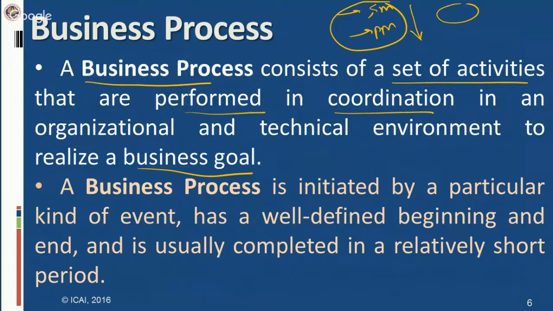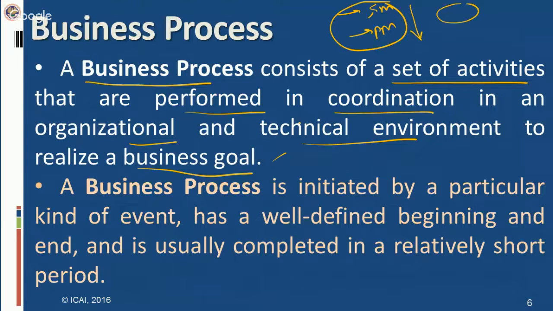So herein also, when we talk about any particular enterprise or any business organization, we say that a process has to have a set of activities which are performed in coordination in an organizational and technical environment. For what good reason? To achieve a business goal. So there has to be certain goals for which a business process is going to be performed.